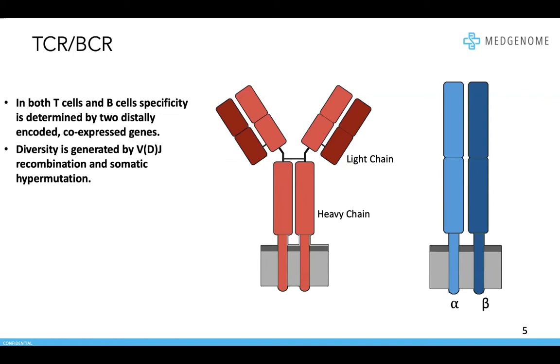The value that single cell analysis brings to understanding the adaptive immune system is the ability to resolve both the gene expression profiles within each cell, but also match those gene expression profiles and cell subtype information to corresponding alpha and beta chains in T cells or heavy and light chains in B cells.